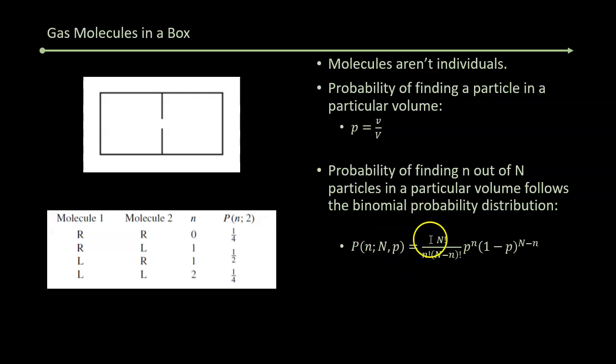The total N is the total number of particles. Small n is the number we're looking for in terms of how many are in this particular state. P is the probability of being in a particular state. And so this all works out as a nice, sort of Gaussian-like curve, but not quite a Gaussian.